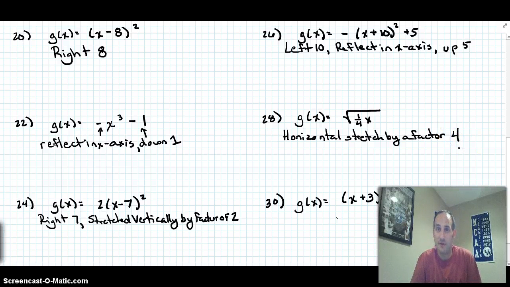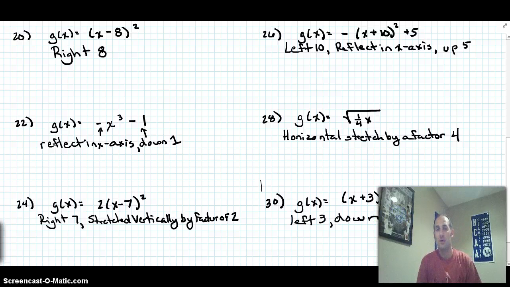It's going to have the effect of, instead of going up and over to the right, making it go up and over even further to the right before it gets up to the next value, because you're shrinking your input, which stretches it horizontally. It makes the output not grow as fast. The bottom one here is a little bit easier. You got left 3 and down 10, and that's the order in which it would go.